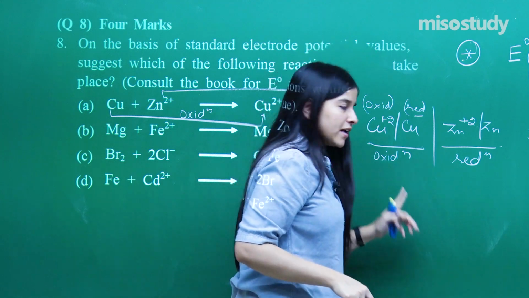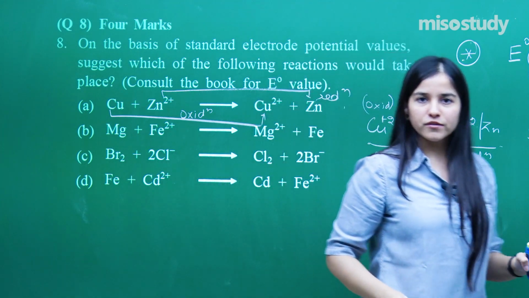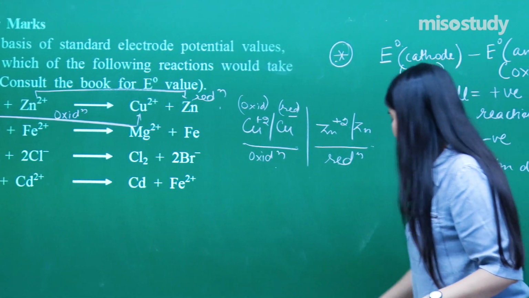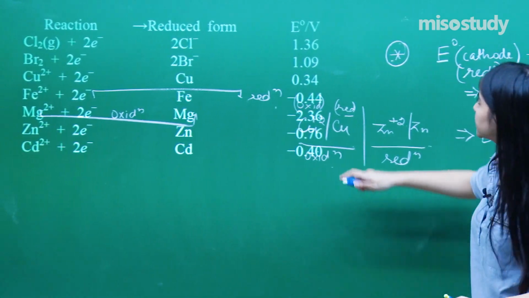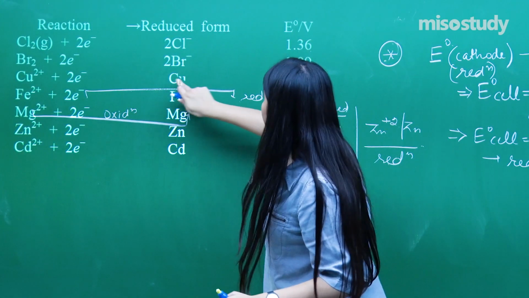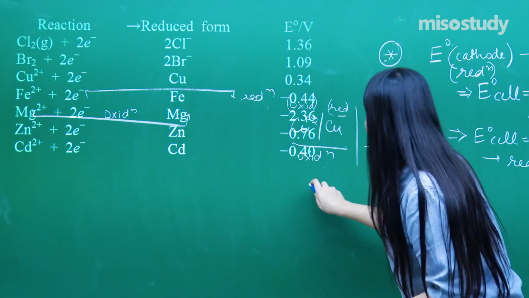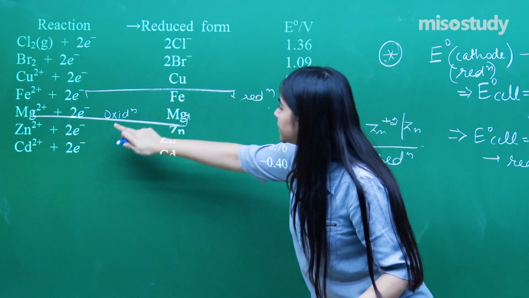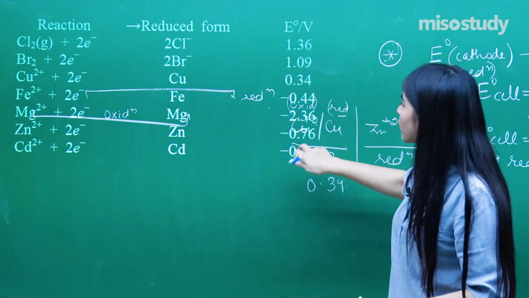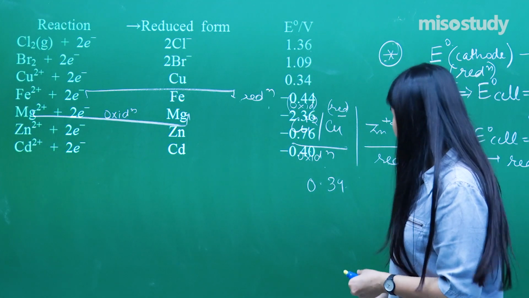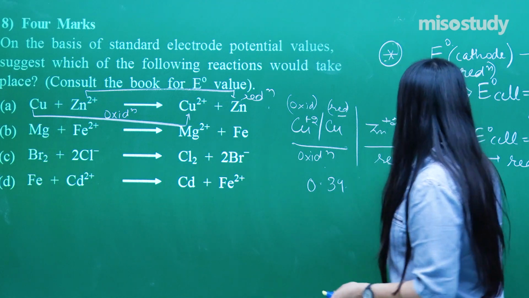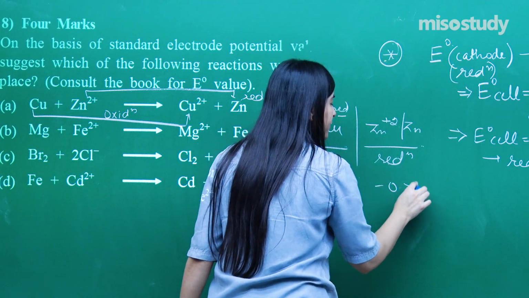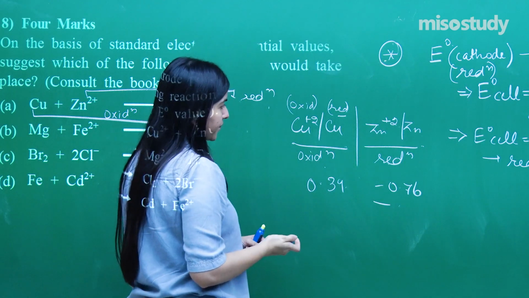Okay? Now I just need to check the values for both of them, copper and zinc. Let's check. Okay, see here, copper, it's 0.34, right? I'm going to write it here, 0.34, and for zinc, it's minus 0.76. I hope that is visible to you. Minus 0.76, right? Okay.